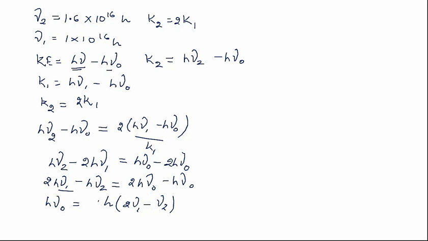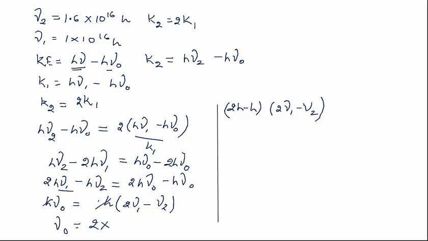Got my point? How I got this? If I break this equation, what I'll get? I'll solve it here. I want everything to be crystal clear. 2h minus h, multiplied by 2 nu1 minus nu2. I am getting h into this. This h will get cancelled, and nu naught will be equal to 2 into nu1 minus nu2.